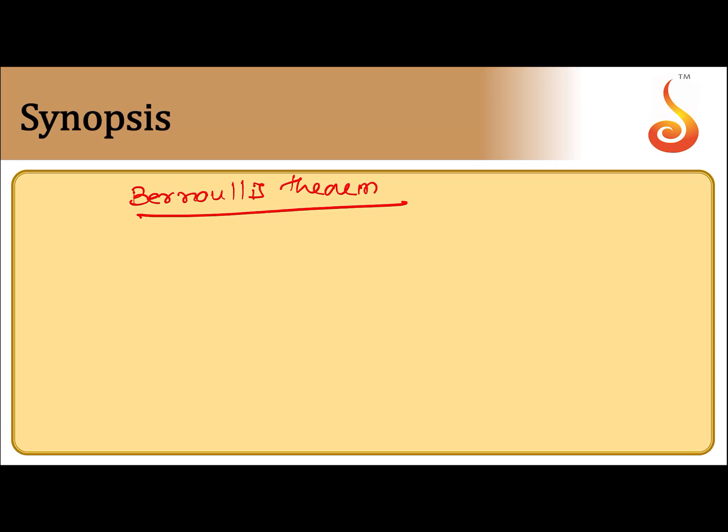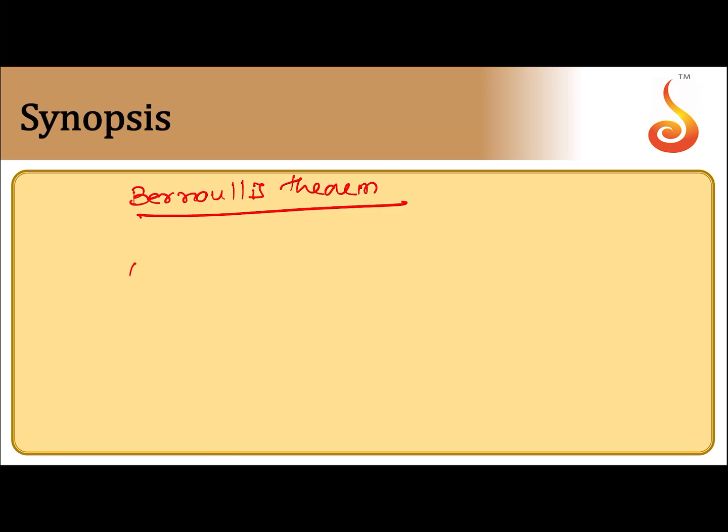According to which, in the case of a steady flow of incompressible and non-viscous fluid through a tube of non-uniform cross-section, the sum of pressure energy, potential energy and kinetic energy per unit volume is constant.